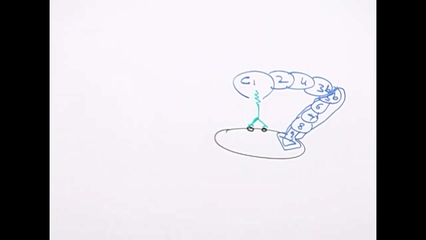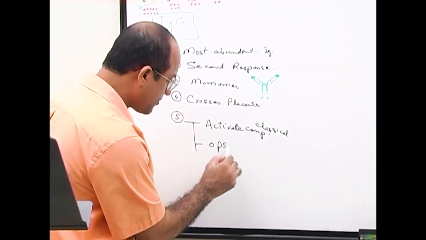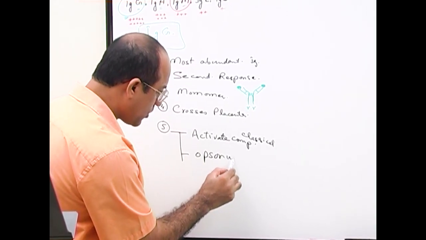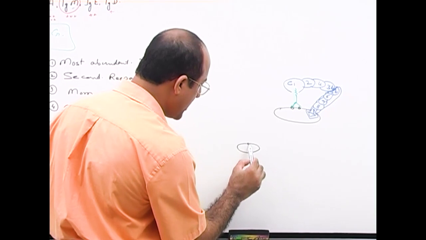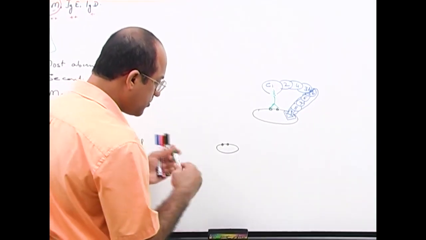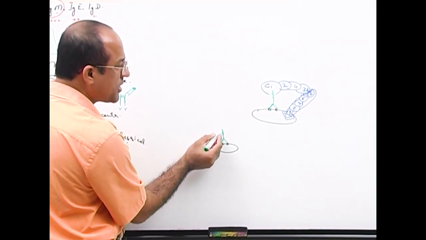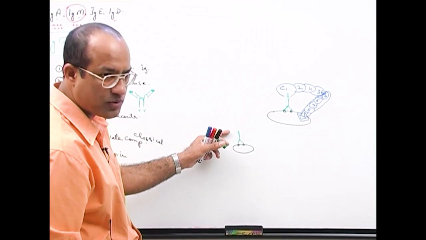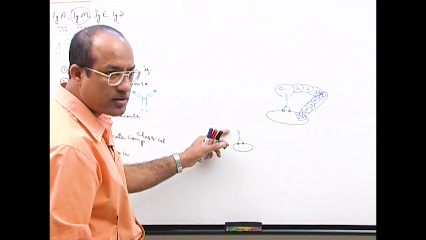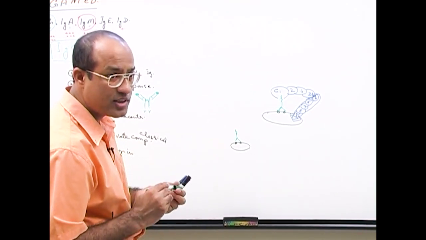This is one way. Secondly, IgG can act as an opsonin. Now what is meant by opsonization and opsonin? When IgG binds with the bacterial antigens, its Fc portion becomes active, and neutrophils and macrophages have membrane receptors for the active Fc portion of IgG.